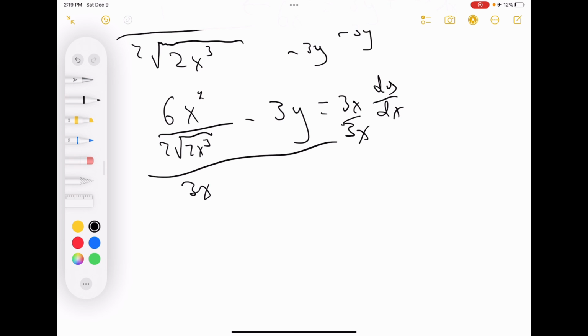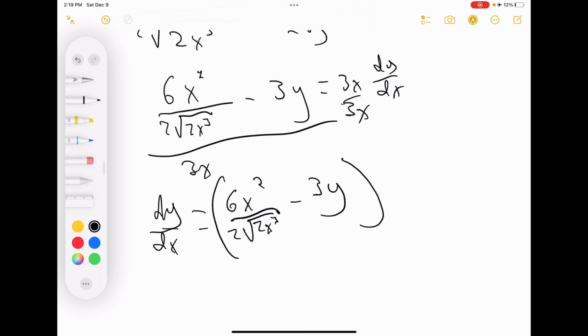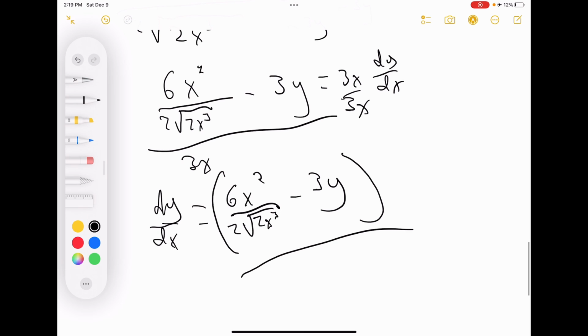And then we find dy dx. So dy dx is simply equal to 6x squared divided by 2 times the square root of 2x cubed minus 3y, divided by 3x. And that is our answer.